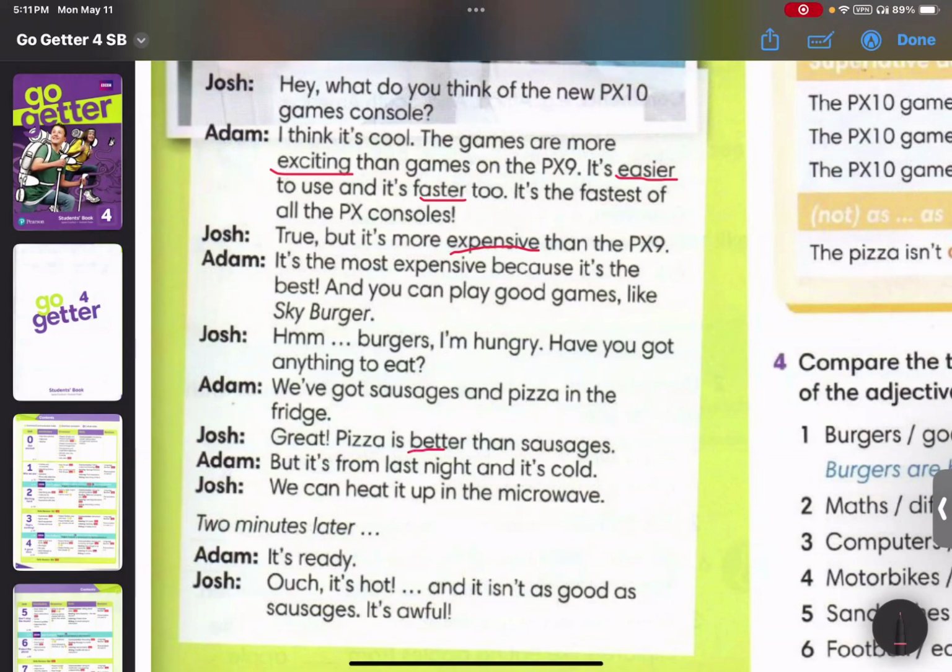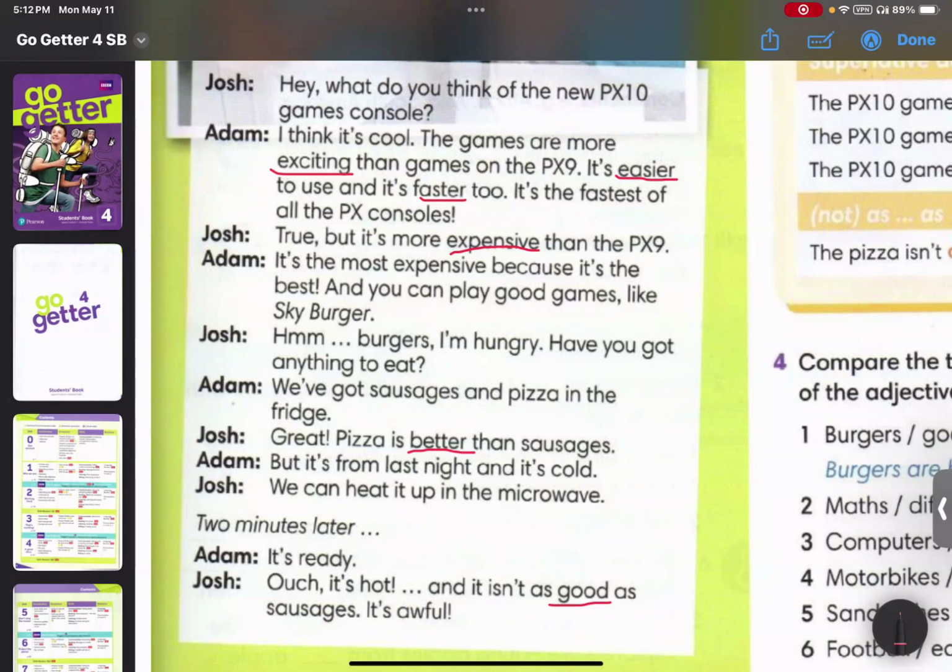Oh, better. Okay. And good. Okay, so is that all? Yes, that's all. Okay.